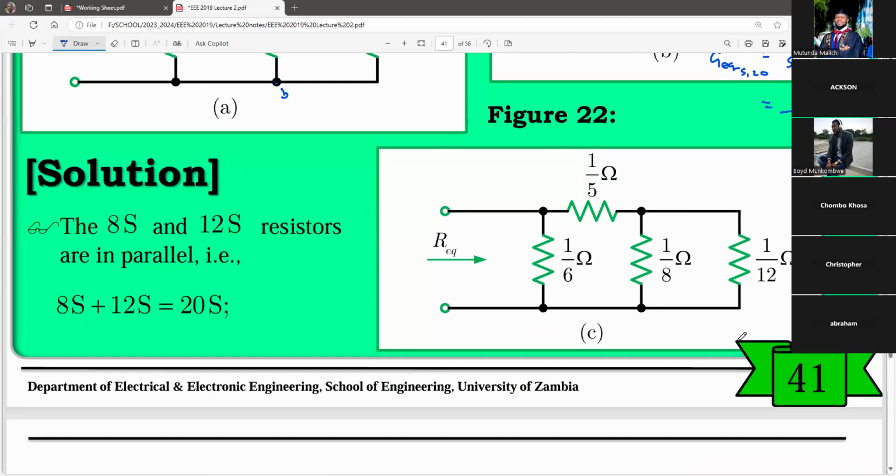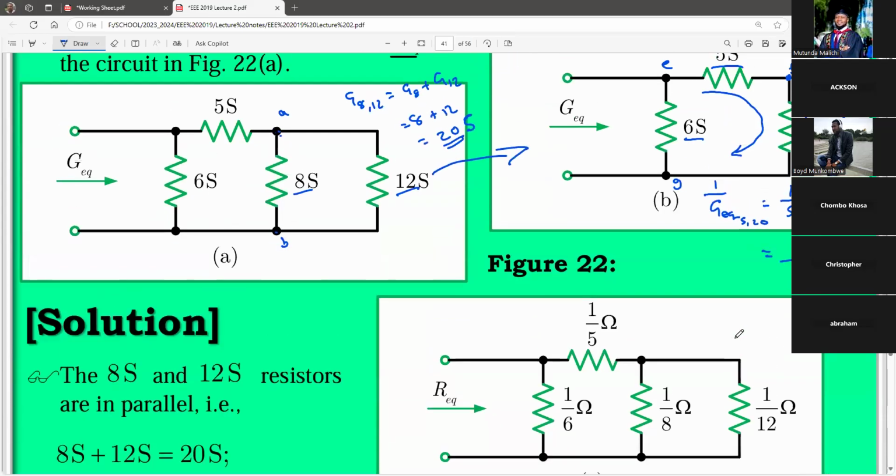Okay, how? You can see, because we know that if you are to add these two, then we have 20 here. 5 times 20 over 5 plus 20 is 4.